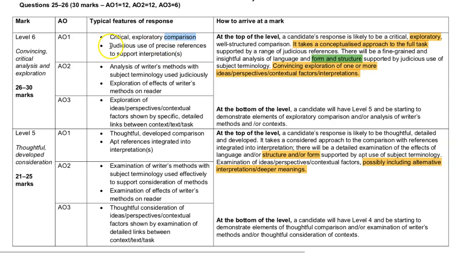And so this is what the examiner's hanging about for. Can I find some precise references that are used really judiciously? Well, if you've got one of those references, i.e. a quotation, in your conclusion, that's obviously judicious. And boom, up into level 6 you go in the examiner's mind.